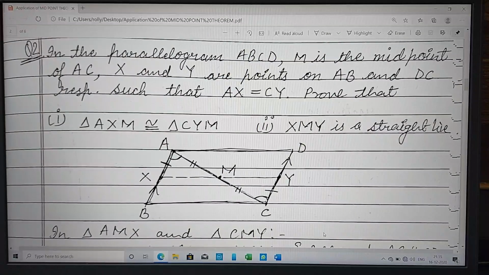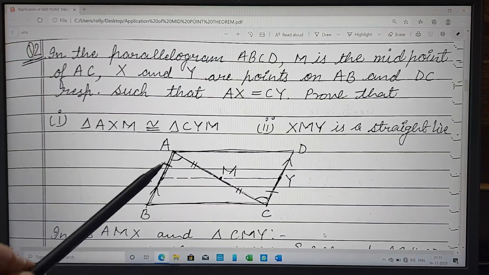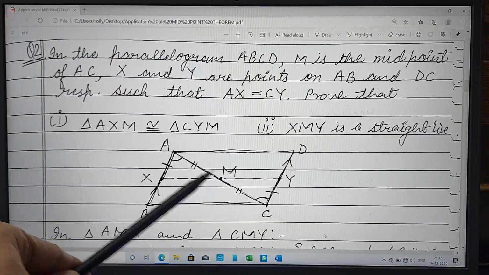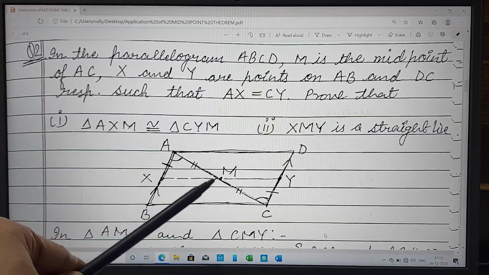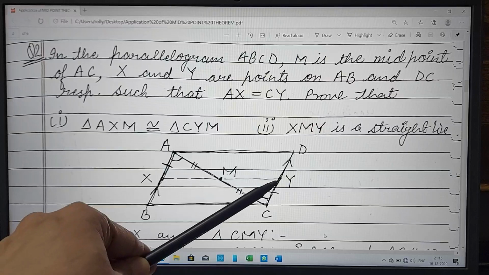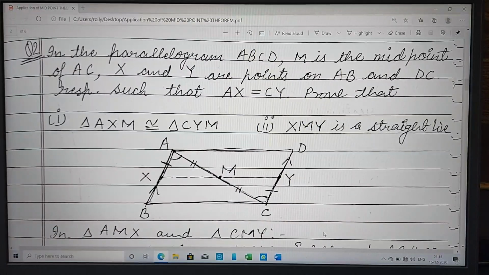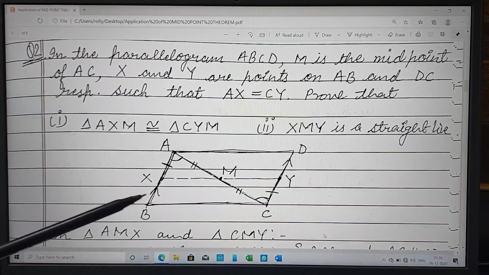We have to think of the angle which is included between these two sides. The angle between AX and AM is angle XAM. So angle XAM will be equal to angle YCM. Why will they be equal to each other? Because they are alternate angles.